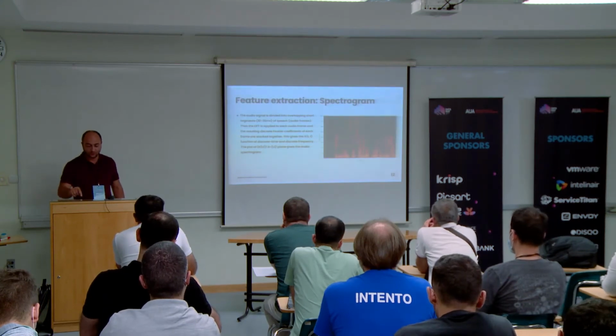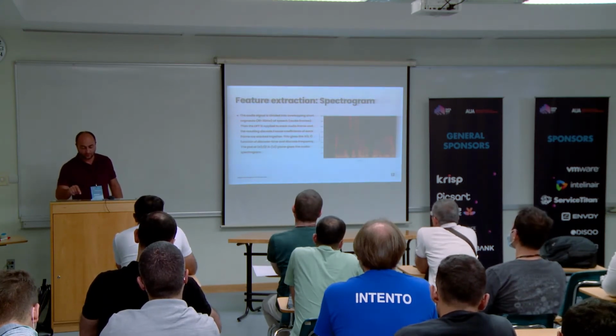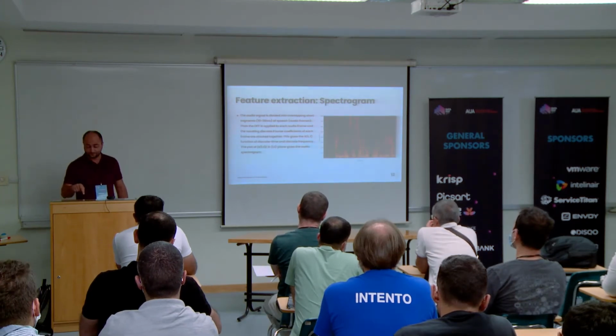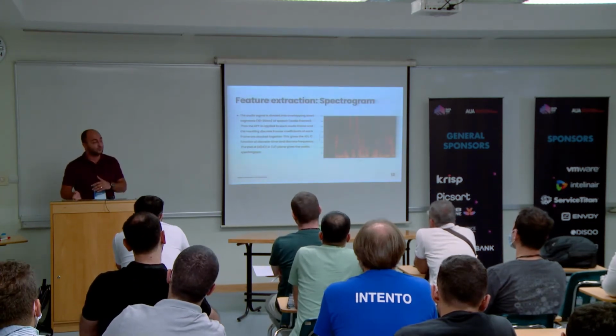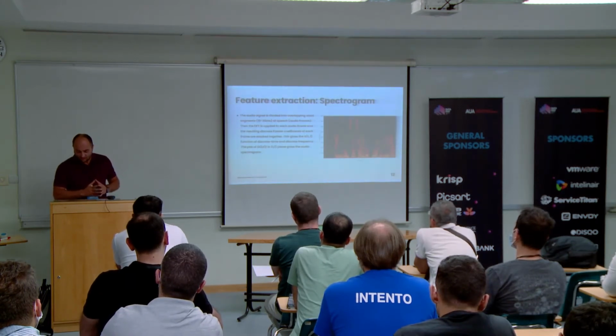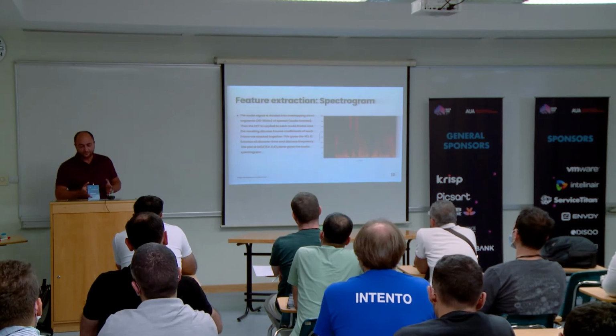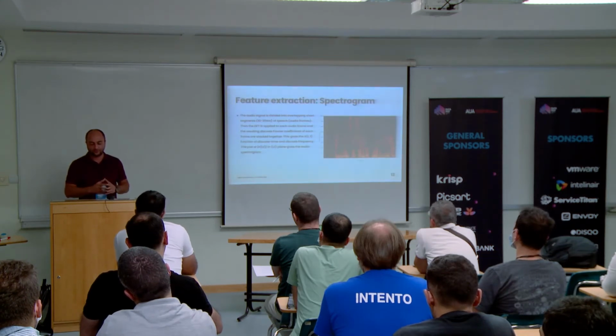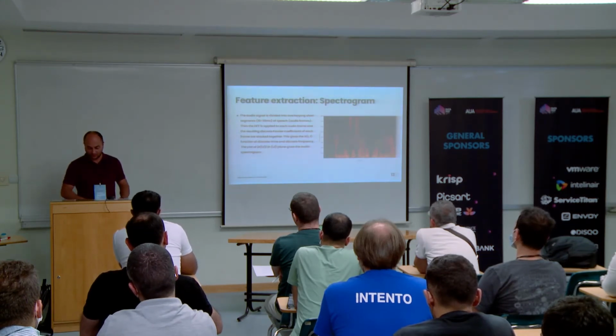So in this picture, each point shows the value of power spectrum for a given time and frequency. The light color means high values and vice versa. Spectrograms and spectrogram-based features are widespread in audio processing algorithms.